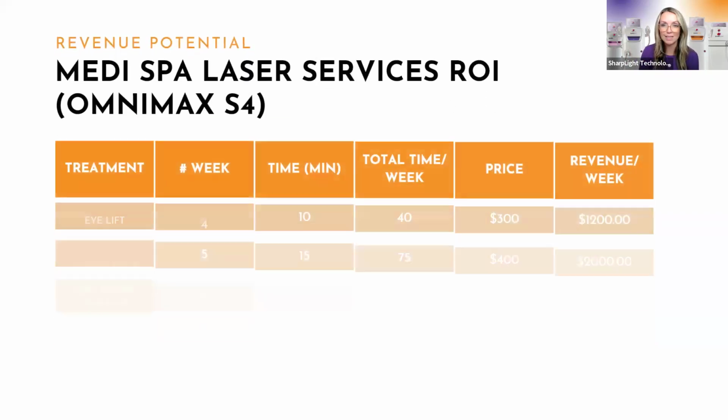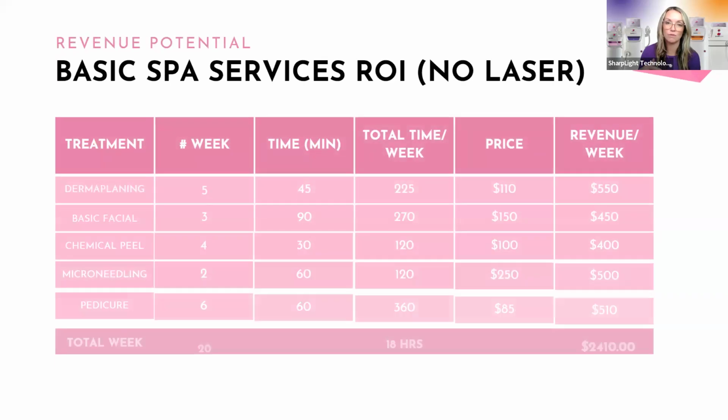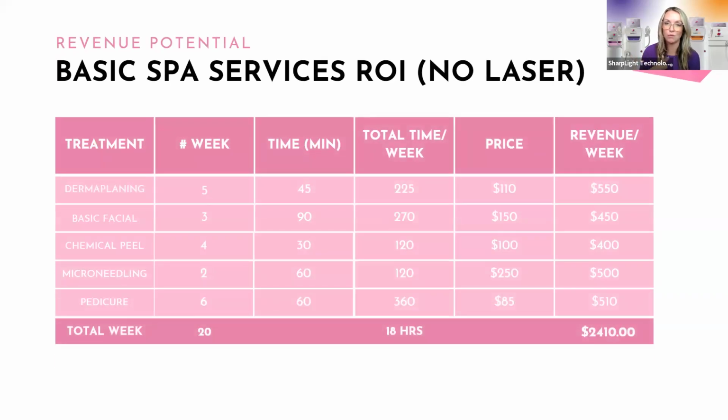But when you incorporate laser into your practice, you can see the increase. So sorry, I'm going to go back one and look at what that total is. You're looking at your $400, $500 range of revenue per week, but your treatment prices are ranging around that $100, $200 mark. So for this example here, you can make $2,400 a week.